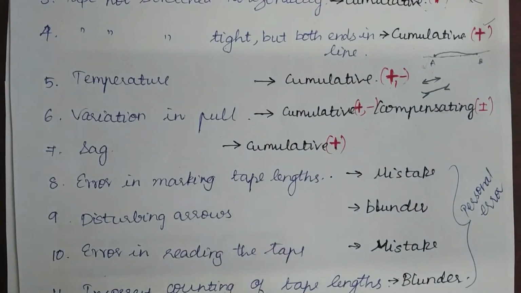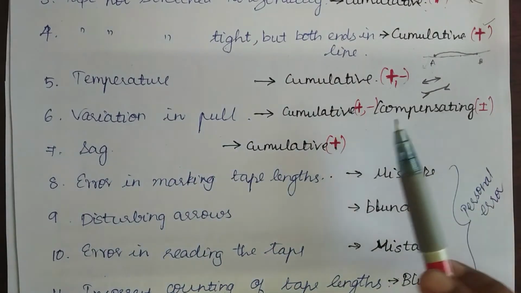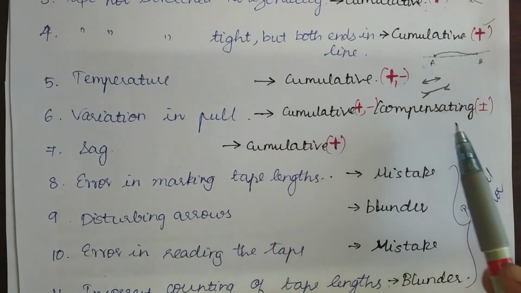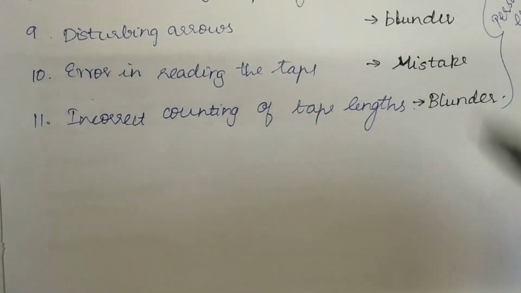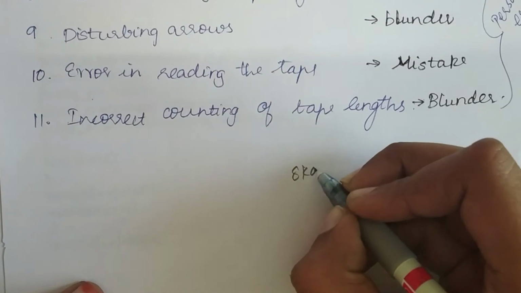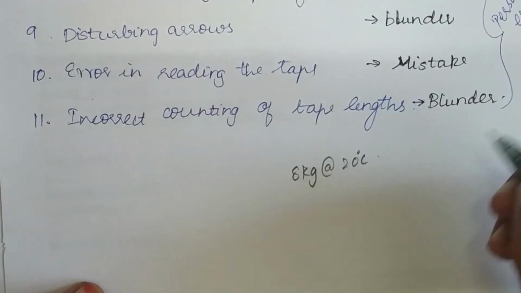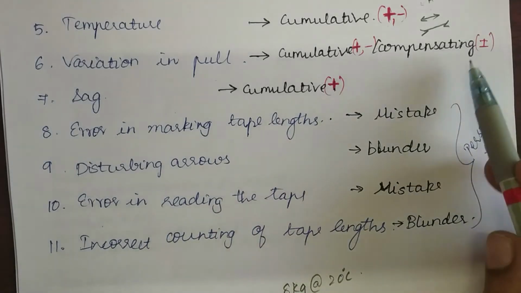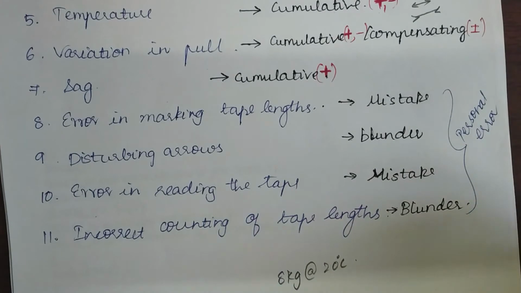Next is variation in pull. In this case, there are chances for both cumulative error and compensating error. We know that 8 kg at 20 degrees centigrade is our standard pull. I will get a compensating error when I am going to use an irregular pull.